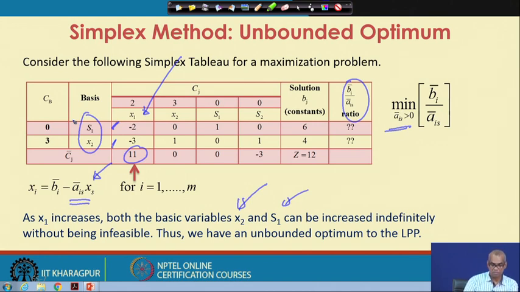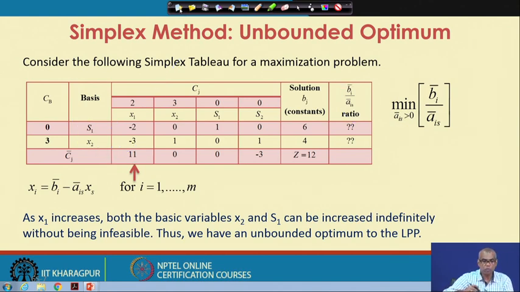That means I can infinitely increase x1 to make the objective function value larger and larger, because x2 and s1 will be increased and they will still remain feasible. So, the linear programming problem has an unbounded optimum.